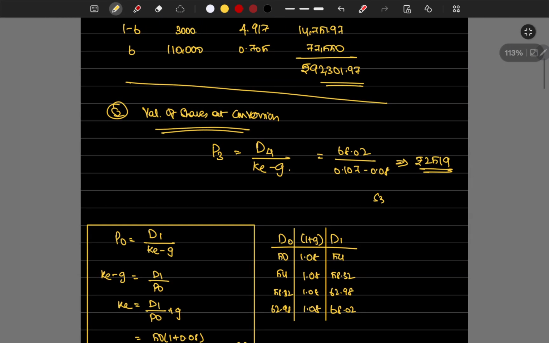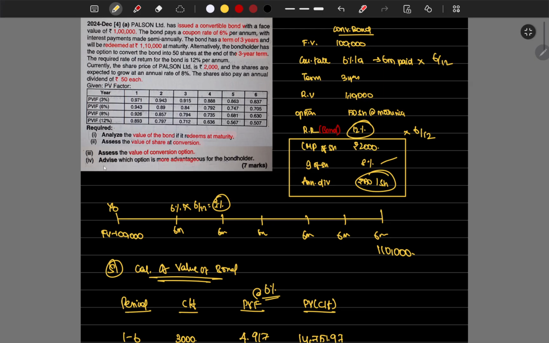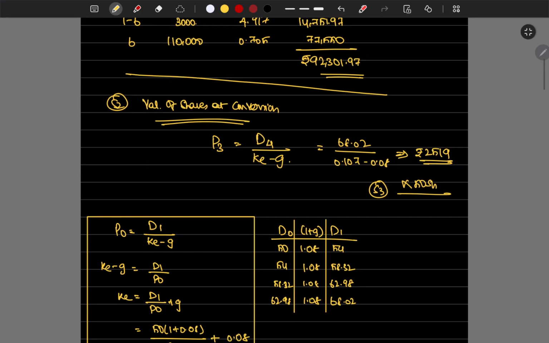Now the third step is to multiply with 50 shares, because at the redemption we are getting 50 shares, no? So 2519 into 50, which is rupees 1,25,950, the price of the shares at maturity.